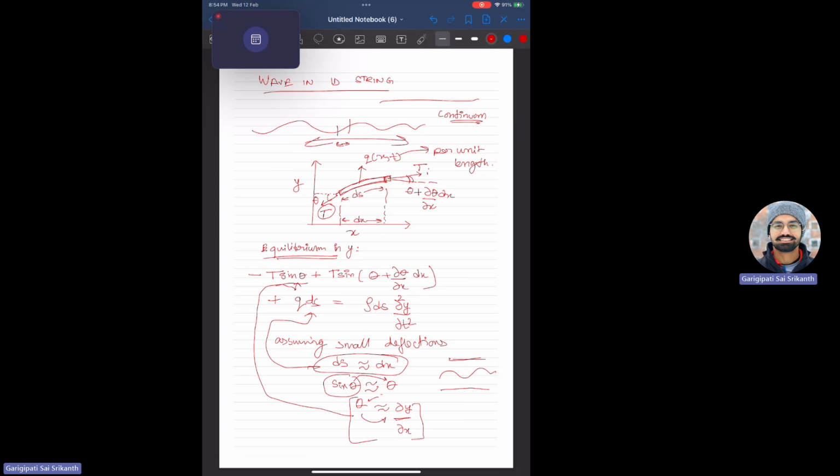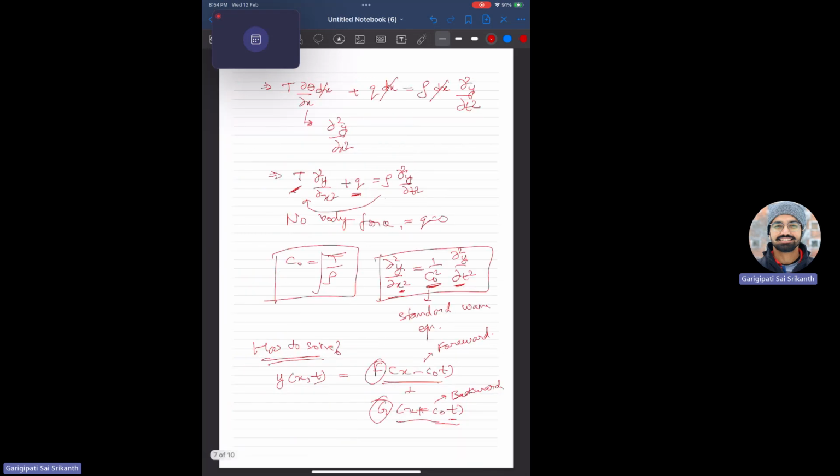So in a way we are writing sin theta as tan theta. That's just some assumptions that make our life easier. Then we take this term c naught, which is square root of T by rho. T is tension, rho is your linear density, mass per unit length. And then we derive the standard wave equation.